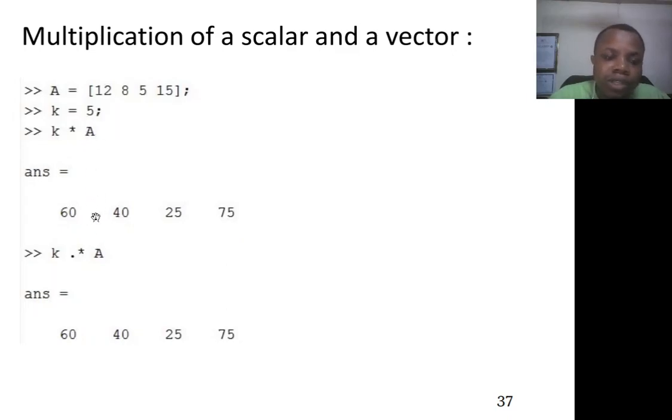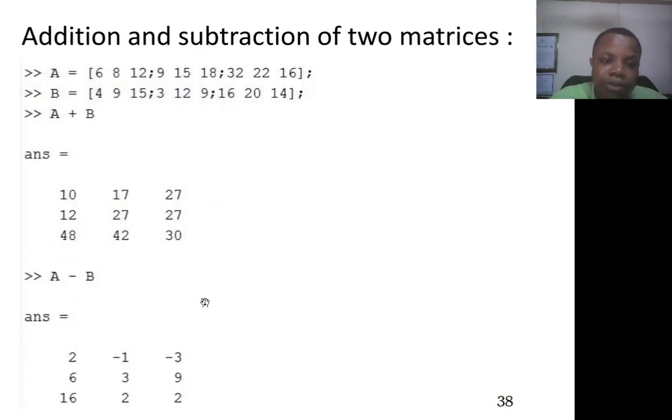So the results you see here are from 5 times 12 giving us 60, 5 times 8 giving us 40, and so on through to the last point. In that same case we could do this element wise, but that is basically the same thing, and that is exactly what we have down here.